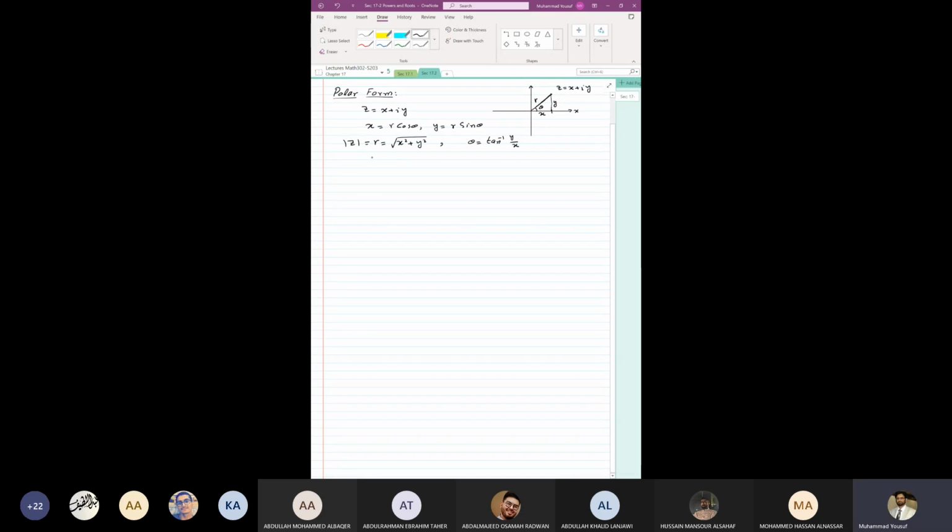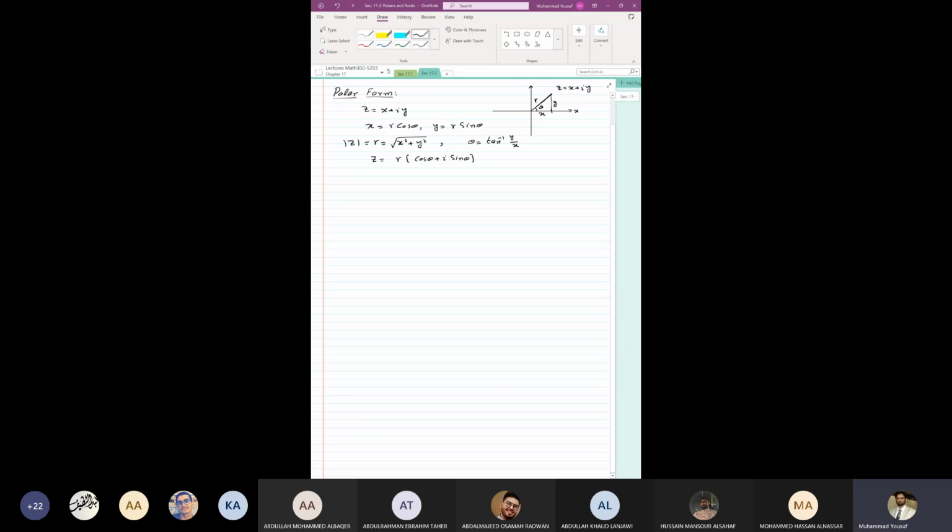So with this we can write z equal to r cosine theta plus i times r sine theta. So r is common: r times cosine theta plus i times sine theta. So we can write it like this.